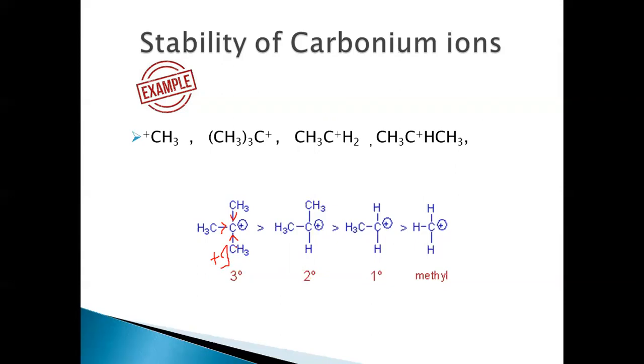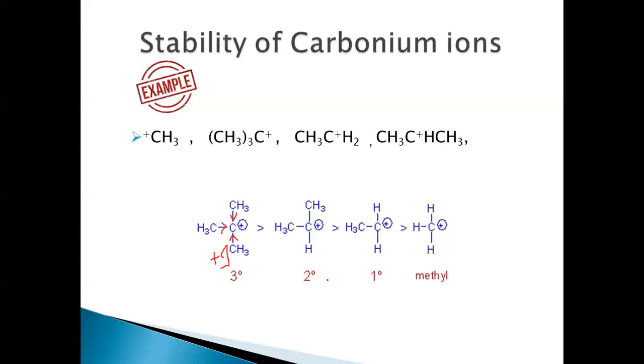Because of the plus I effect, they are releasing the electrons into the system, thereby the positive charge on the central atom is stabilized. So all of them share the positive charge, so it is stabilized.